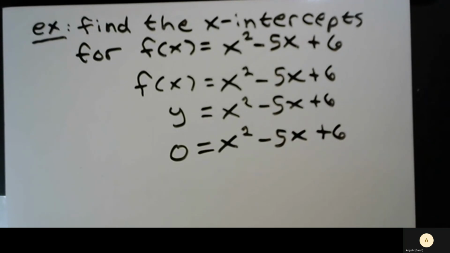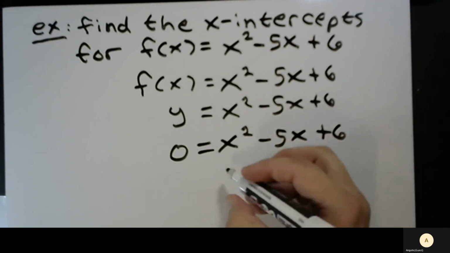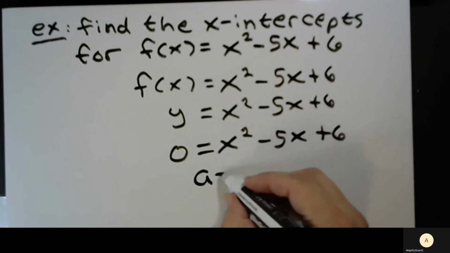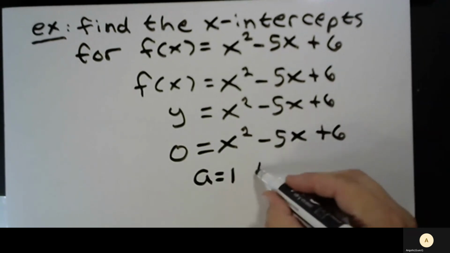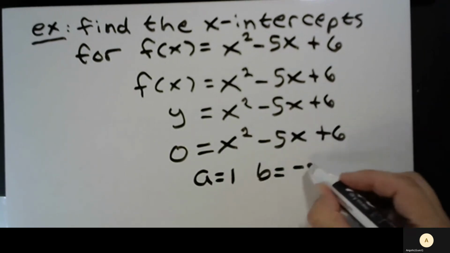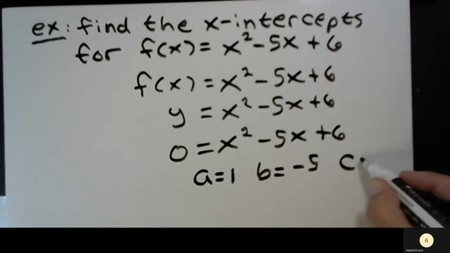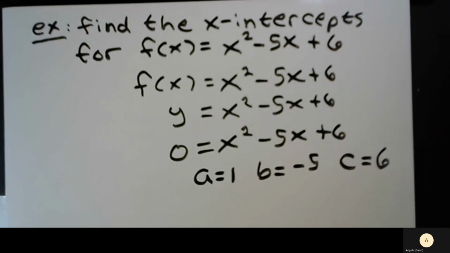Now I'm going to use the quadratic formula. So here a is going to be 1, b is -5, c is 6. So any questions about that?